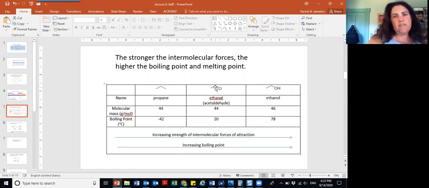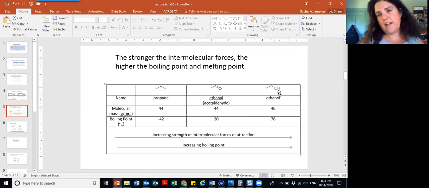Then we have dipole-dipole forces here, a fixed dipole with our acetaldehyde, and then ethanol can form hydrogen bonds, which is a stronger type of intermolecular force. You can then see that even though these have similar molecular masses, their boiling point goes up by quite a bit, and that shows you that the intermolecular force strength is also going up.